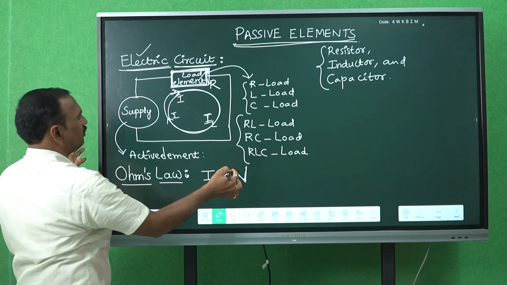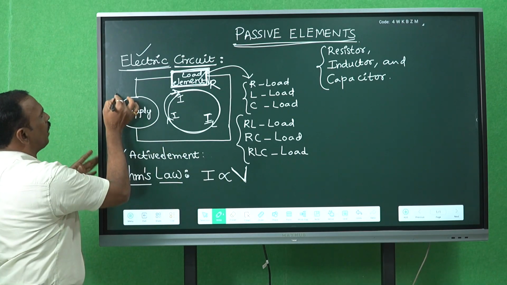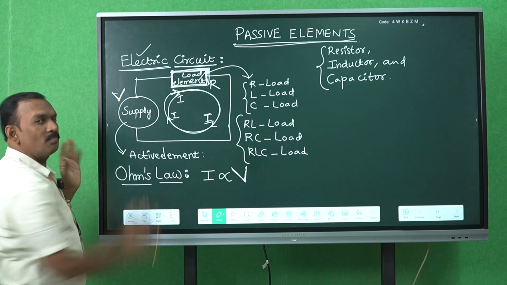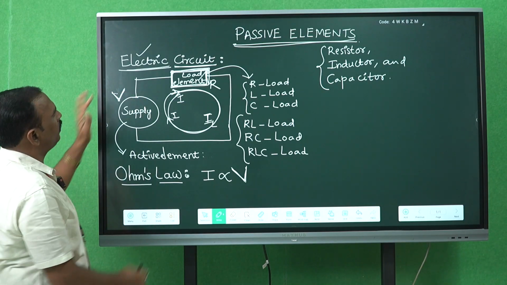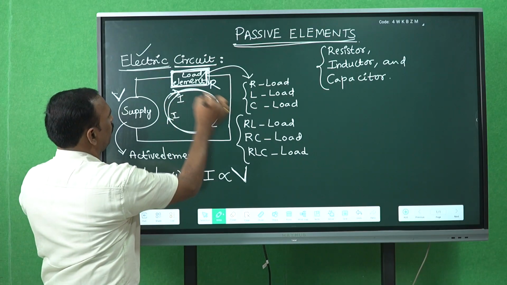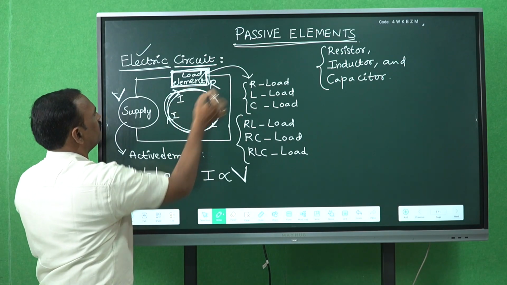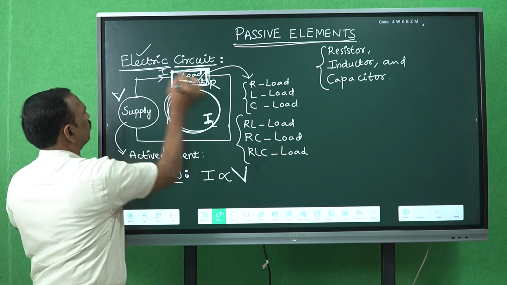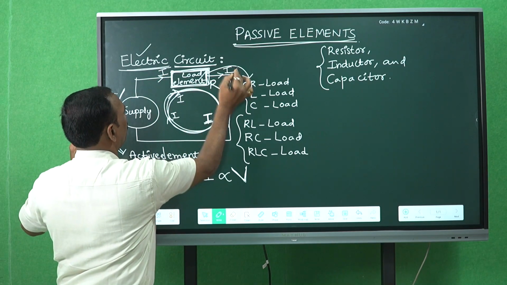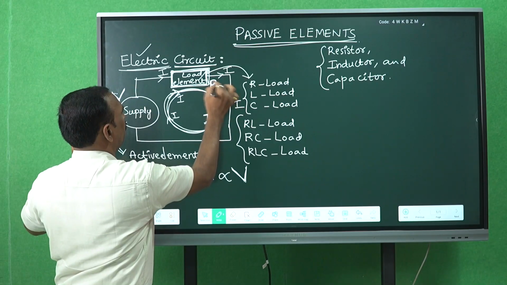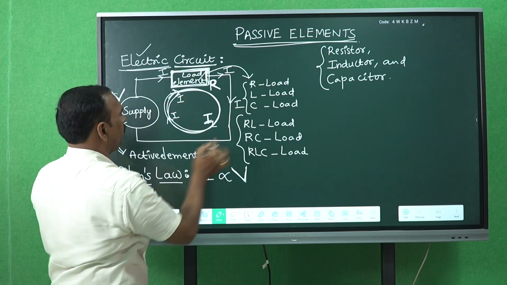What is the applied voltage in our circuit? The applied voltage is the supply voltage. The current passing through the element is current I. What is the element here? Resistive element R.